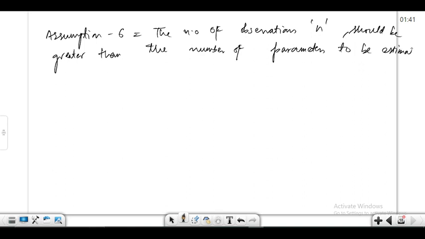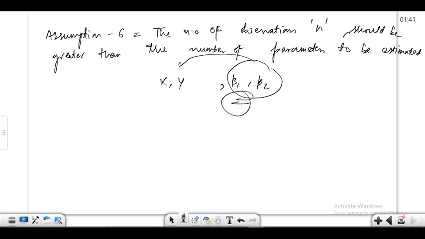It is more of an intuitive assumption. If I have x, if I have y, and if I have beta 1 and beta 2 to be estimated, so I have two parameters. So it says that the number of observations n should be greater than at least 2 in order to have a significant assessment possible. So you should have some observations in order to estimate your beta 1 and beta 2.